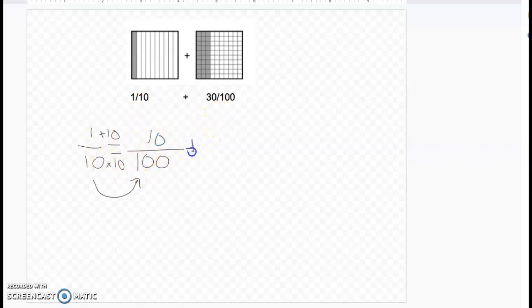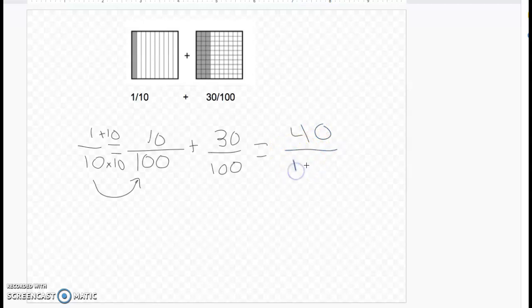Now we can do the adding. We can add it to 30 hundredths. So we'll go ahead and write 30 hundredths right here, 30 pennies. Okay, and you add the numerator. 10 plus 30 is 40, and the denominator stays the same.